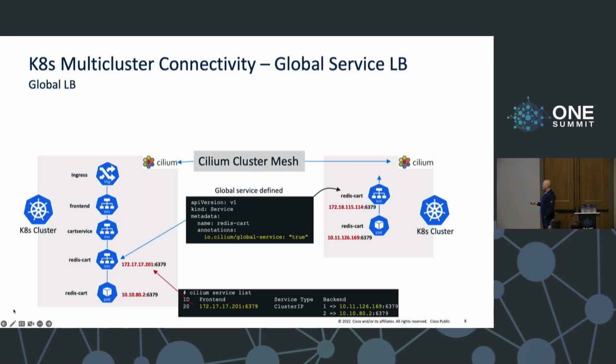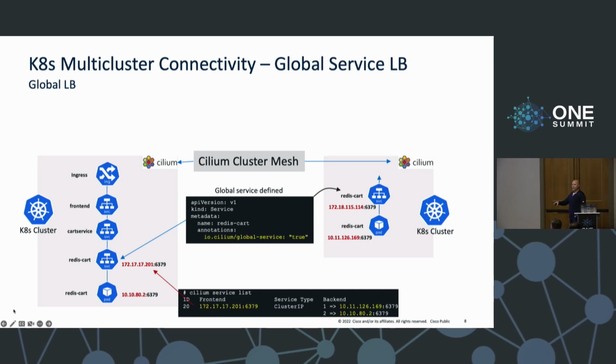All it is, is the IP address of the service that you are sharing, and then it goes and looks across all of the clusters at the Cilium and etcd level and finds any backends or pods that back a service by the same name. So that way, for example, if cart service is talking to Redis cart, it now can hit this front end by name, and it can basically load balance across both clusters over the VXLAN or Geneve encapsulation up here and talk to the various backends.